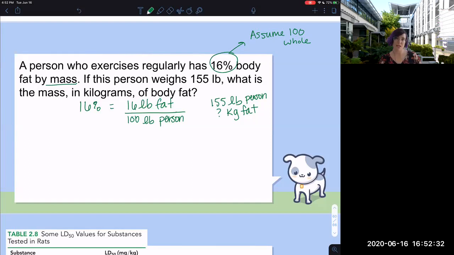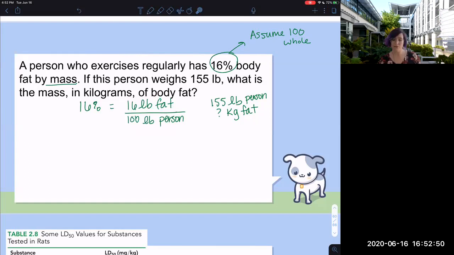That's not what the question's asking you. The question's asking you how many kilograms of fat are in a 155 pound person. So we have to be specific. If you don't write pounds of fat and pounds of person here, you might use this conversion wrong. So let's check it out.